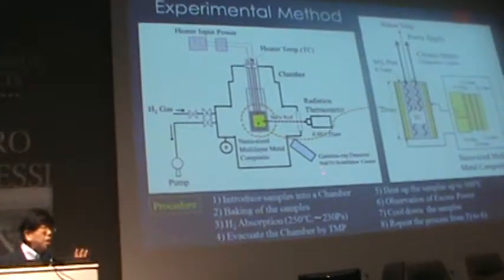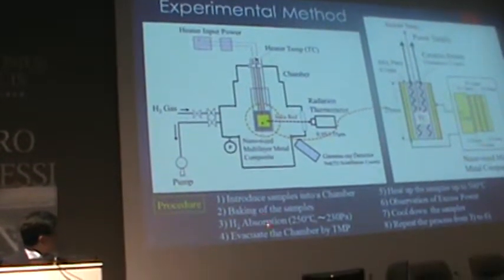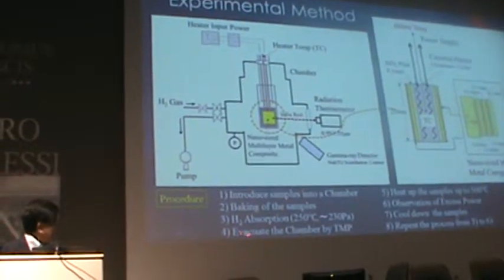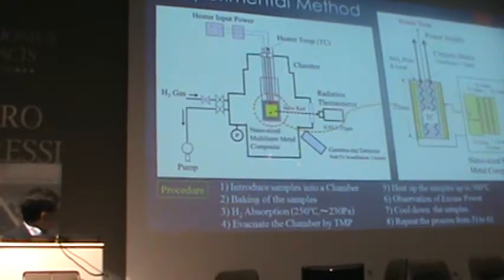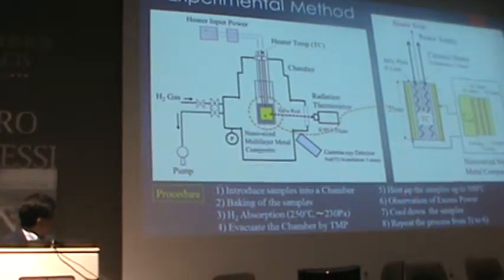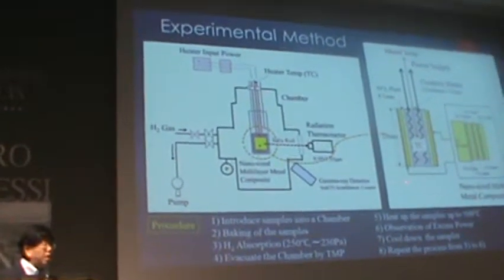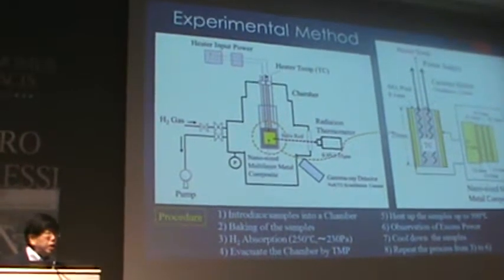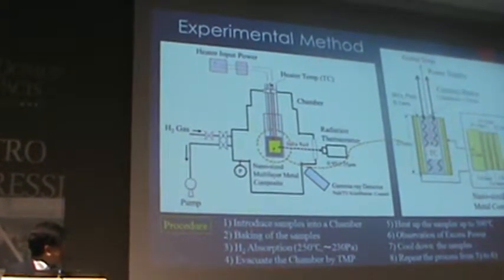And after about one night, hydrogen absorption ended. And after that, we evacuate the hydrogen gas and simultaneously heat up the sample up to 500 degrees or 700 degrees. And we observe the excess energy generation by this triggering.